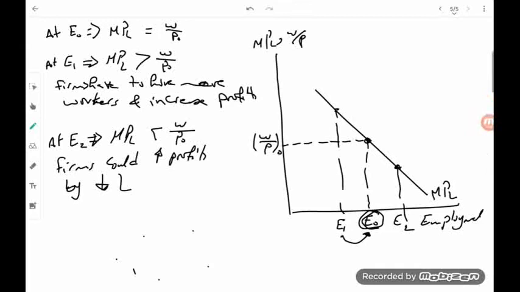In this case, we talked about the relationship between marginal productivity of labor and the real wage rate. But in some cases, we would like to illustrate the relationship between the labor demand, or to draw labor demand curve in terms of money wages, not real wages.